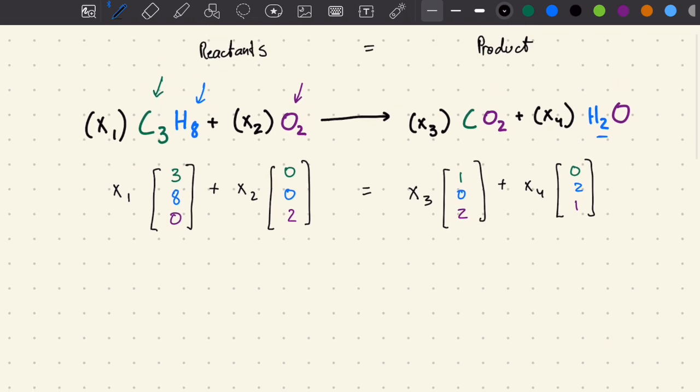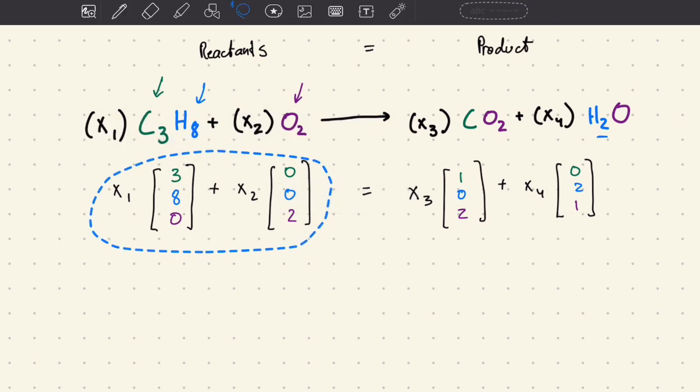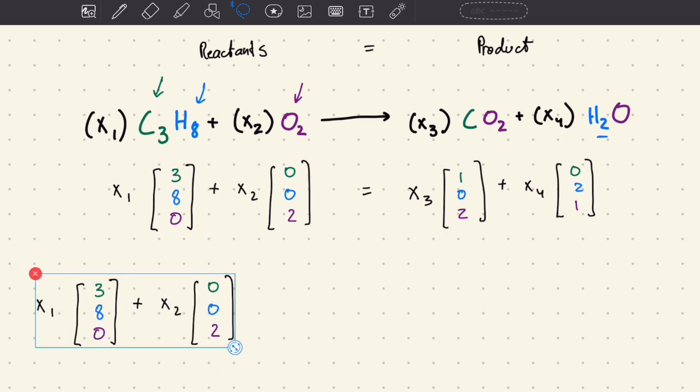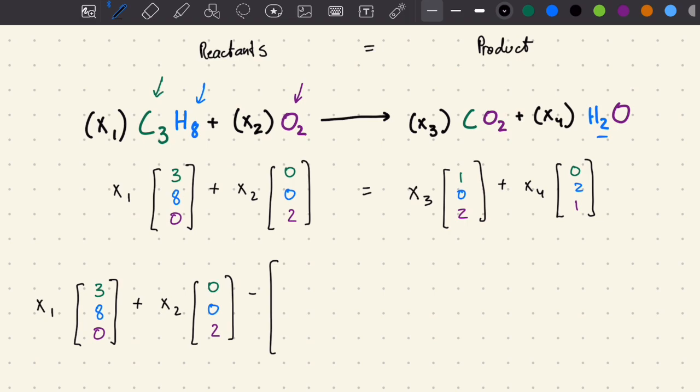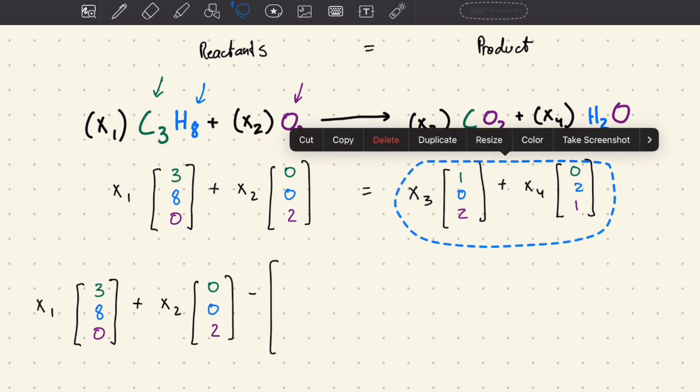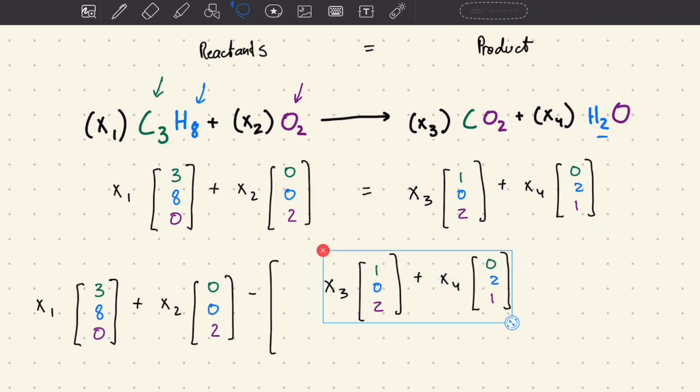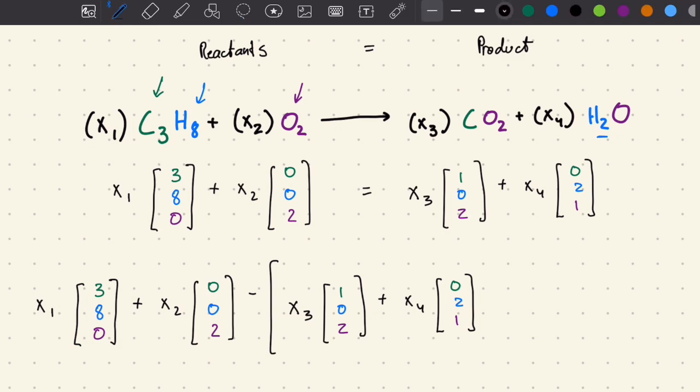Now, the next step we have to do is move all the terms to the left side. In order to do that, I'll just be subtracting the right-hand side from the left-hand side. And as you can see, you're going to get something like this. Since you subtracted it from the right side, the right side is going to have just 0.